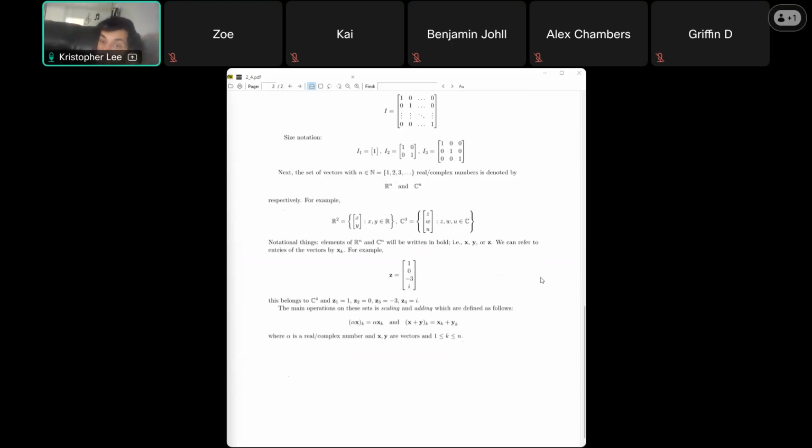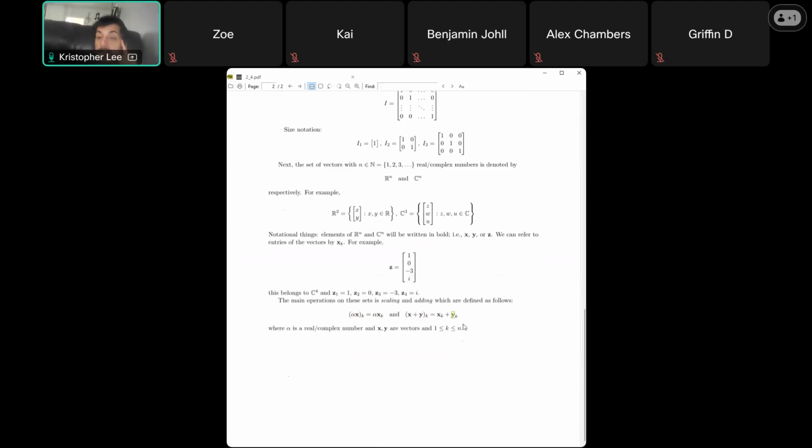The main operations are scaling and adding, which are defined as follows. I'll take a vector x and a real or complex number alpha, and I can define alpha x by telling you that its kth entry is the kth entry of x multiplied by alpha. And likewise, given x and y, I can create their sum by adding up the kth entries independently.